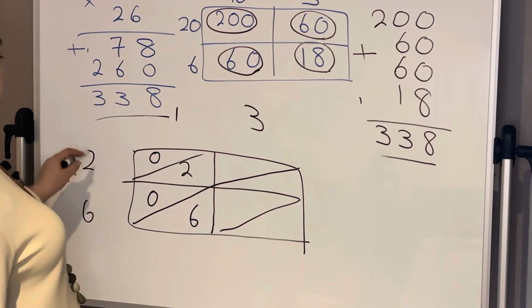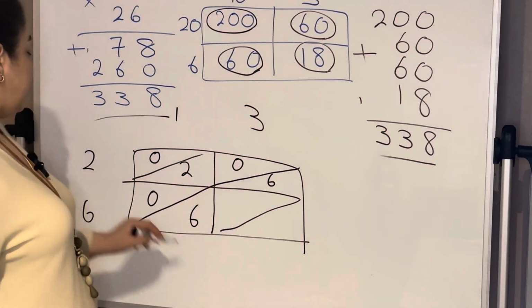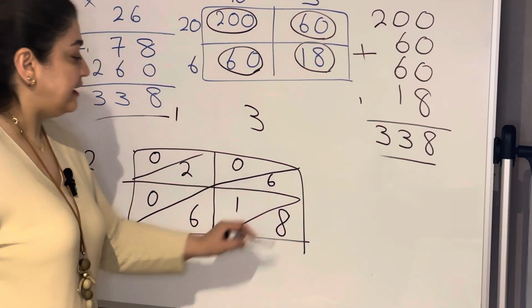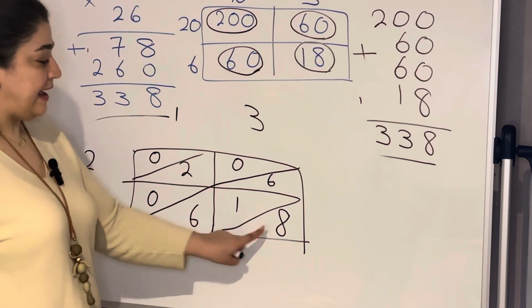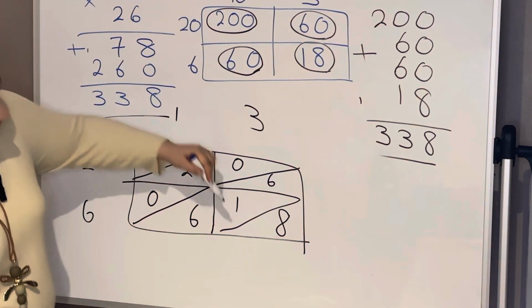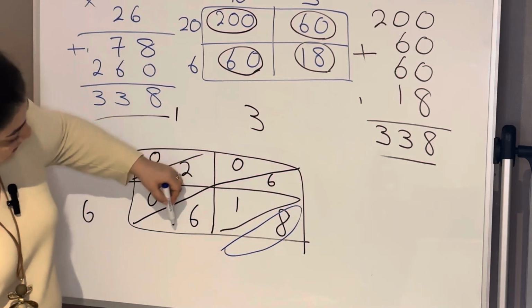And then 2 times 3 is 6. And then 6 times 3 is 18. Look, I write 18 like that: 1, 8.